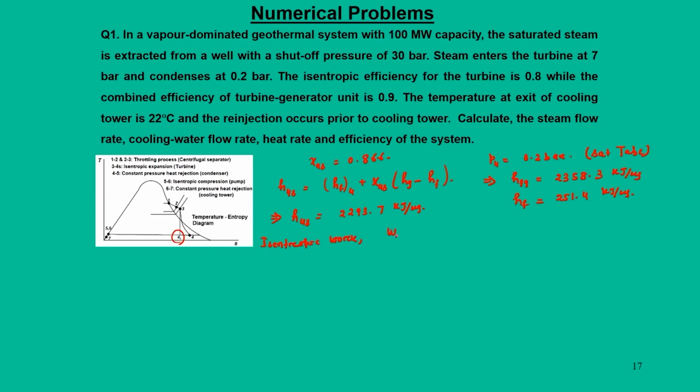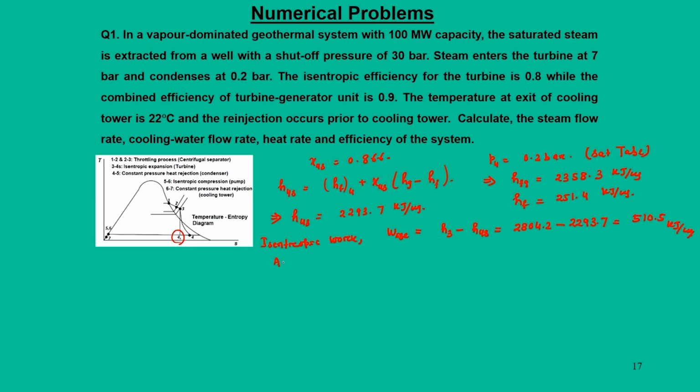So, we have h4s, then we can calculate isentropic work. W isentropic work is equal to h3 minus h4s. We already have h3 as 2804.2, h4s 2293.7. So, this is 510.5 kilojoule per kg.